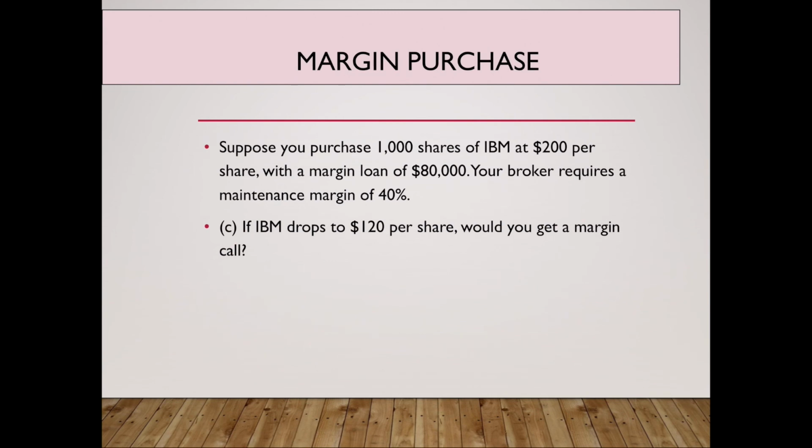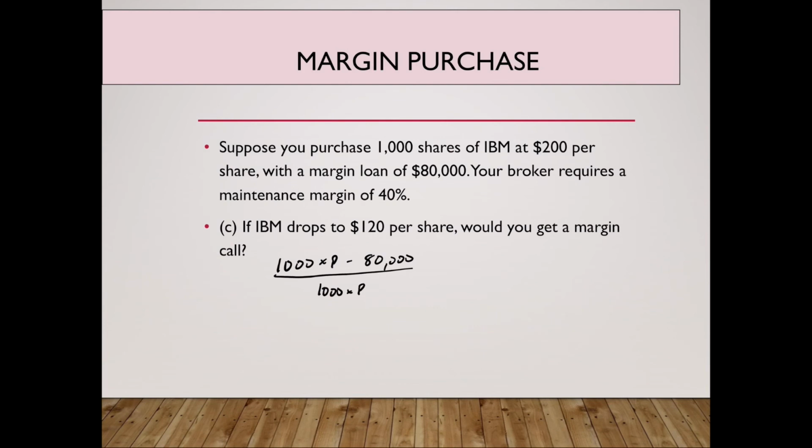Next up, if IBM drops to $120 per share, would you get a margin call? So let's see what would happen. Would I drop below the 40% maintenance margin? So once again, it's going to be the number of shares times price minus the amount of my loan divided by the total value of the securities.